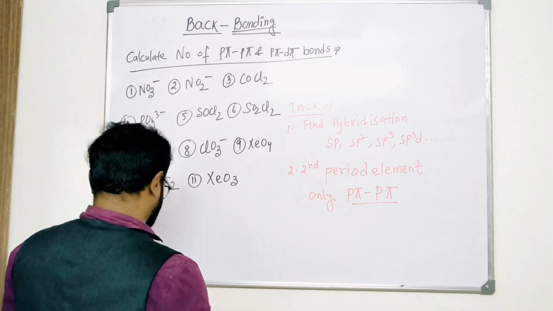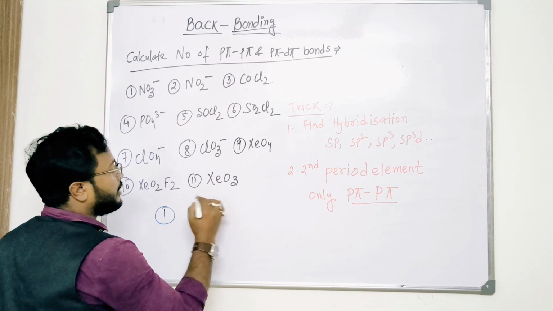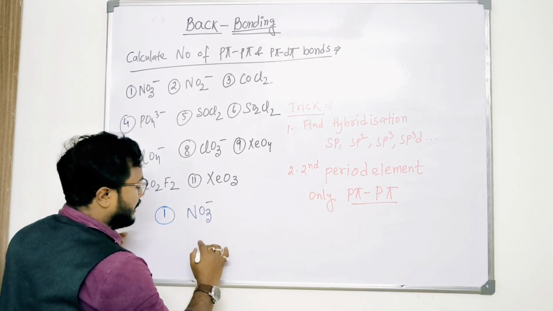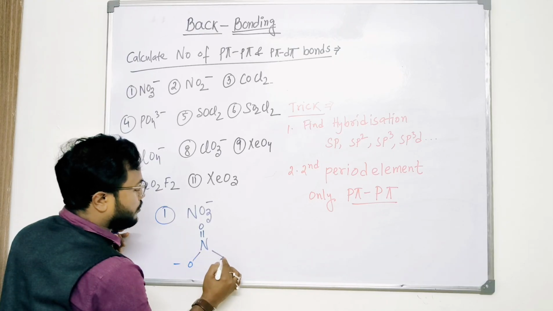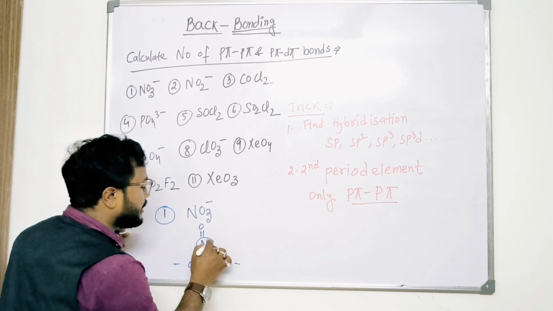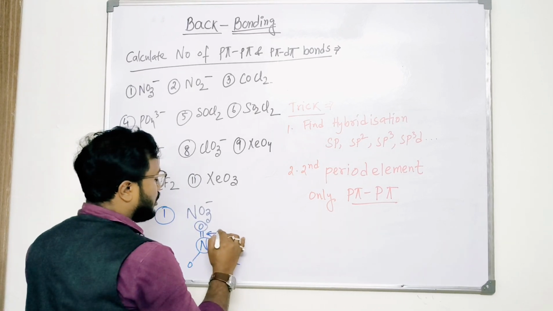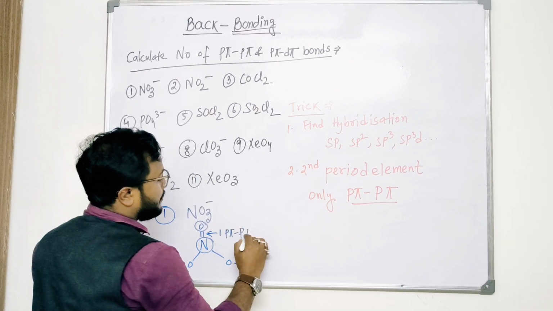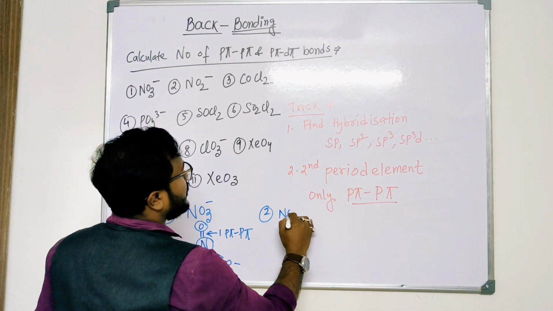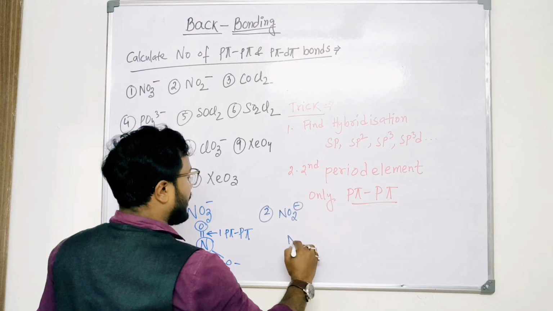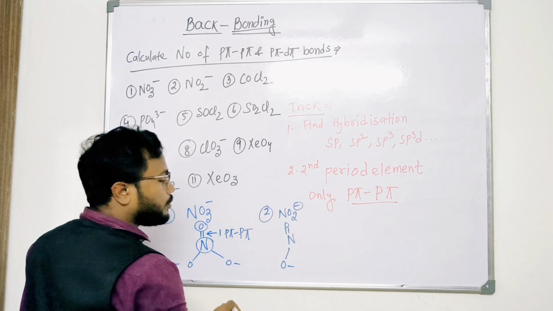Let's take the first question. First question is NO3 minus. How to draw? N double bond O, single bond O minus, single bond O minus. See, nitrogen and oxygen, both are second period elements. So here only one p pi back bonding. Second case is NO2 minus: N double bond O, single bond O minus.